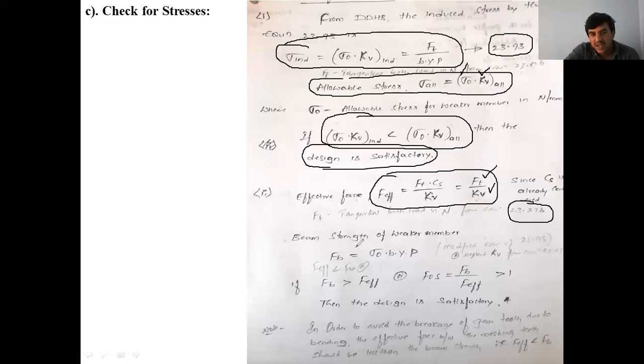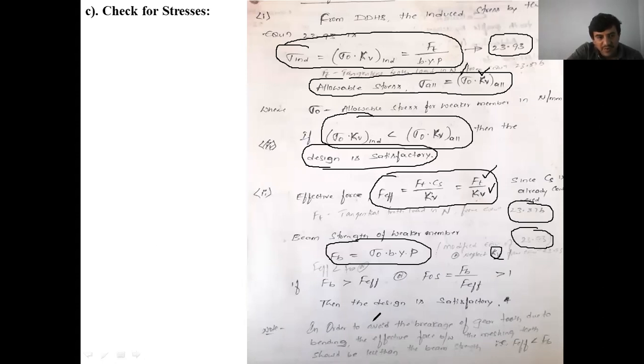Effective force. Then you know from the design data handbook the beam strength of the tooth is sigma naught into b into y. This is a modified equation, omitting the kV value, a modified equation of 23.93. By neglecting the kV value, you get the same equation here. Then substitute here. What is the condition here?